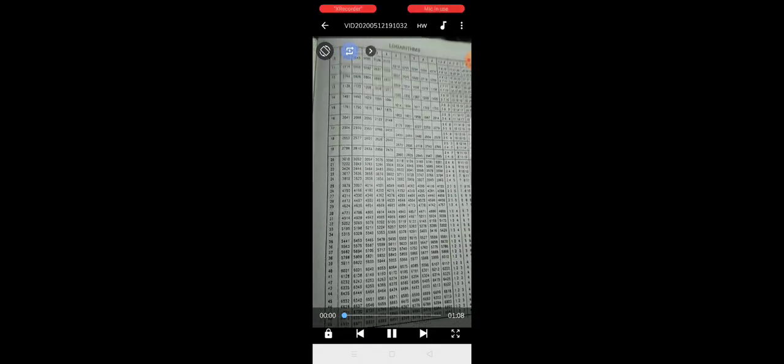In the column of 11 we moved up to 8, and then for 4 it is 15. So we have to add 0719 plus 15, which will give you 0734.